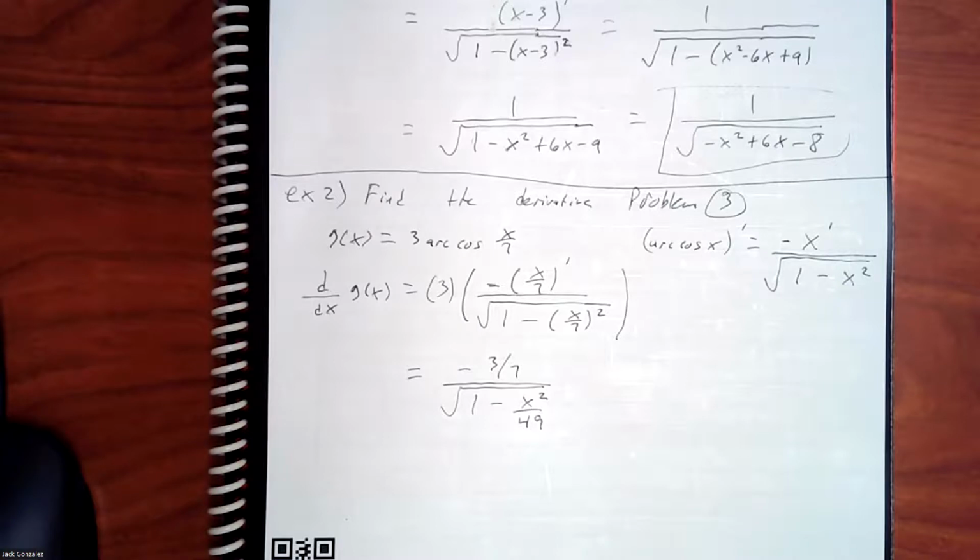You guys cool on example two? Why wouldn't you multiply the 7 by the 3 in the numerator? Yeah, I did. So that's why it's 3/7.